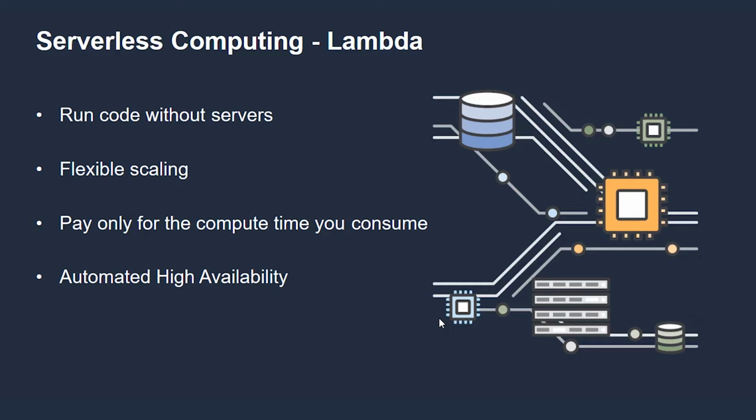The key benefits of Lambda are: AWS Lambda automatically runs your code without requiring you to provision or manage servers. Just write the code and upload it to Lambda. AWS Lambda automatically scales your application by running code in response to each trigger. Your code runs in parallel and processes each trigger individually, scaling precisely with the size of the workload.